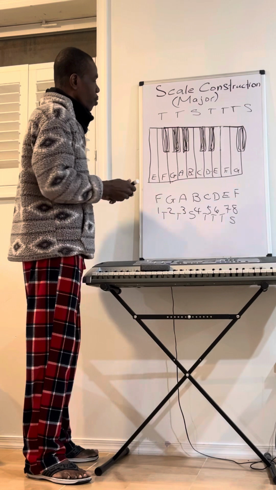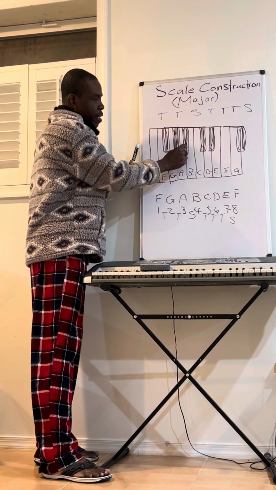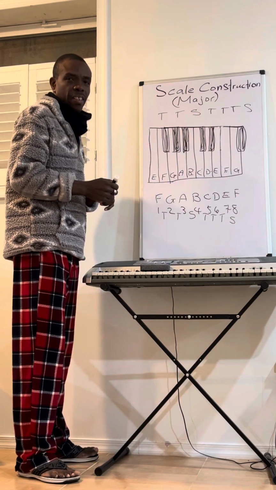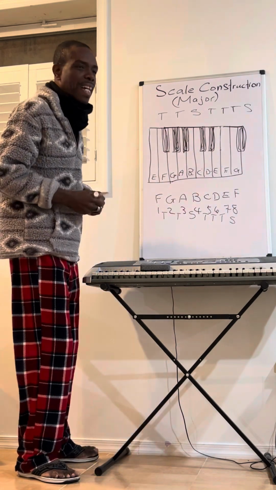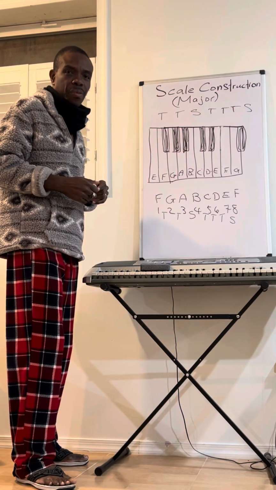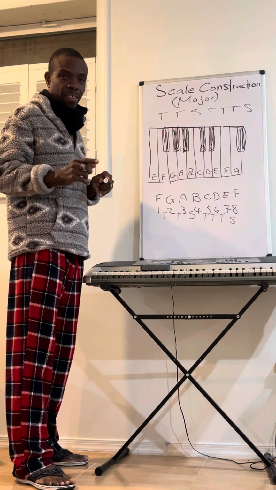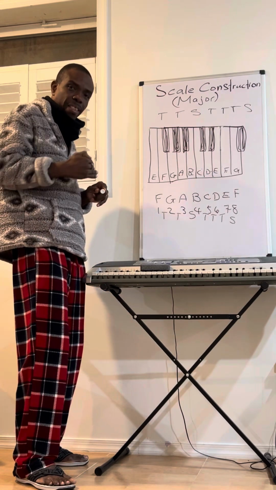Right? So since B is here and this key is to the left of it, we did say that a flat lowers a note by a semitone. That's what the accidental flat does. It lowers a note by a semitone.